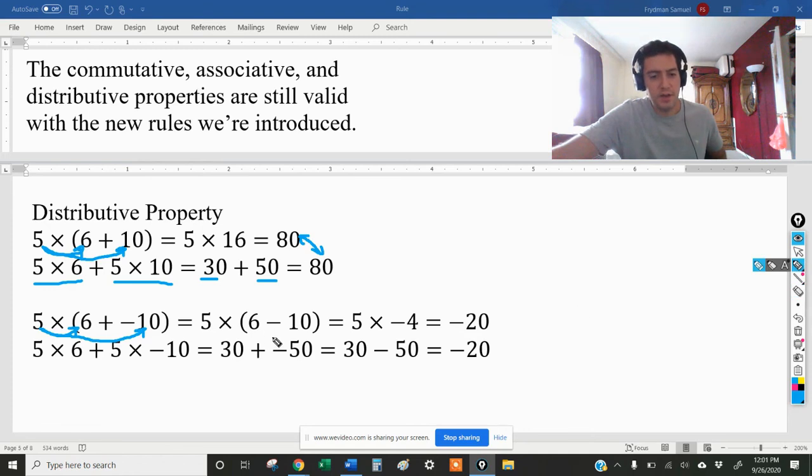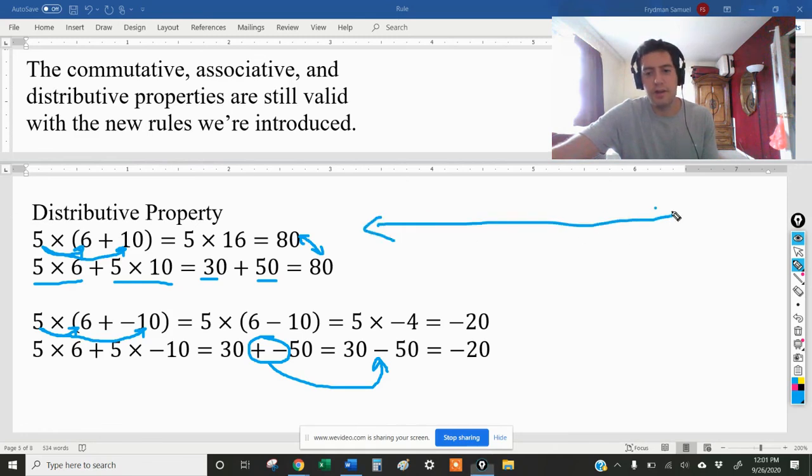And now I can go ahead and use my rewriting rule again, which says that adding a negative is like subtracting a positive. So I can rewrite this plus negative as a minus. So that's going to give me 30 minus 50. And again, I'm taking a larger number away from a smaller number, so be careful. If I think of a number line here, if I start at positive 30, let me use my pen, it's easier than writing with the mouse.